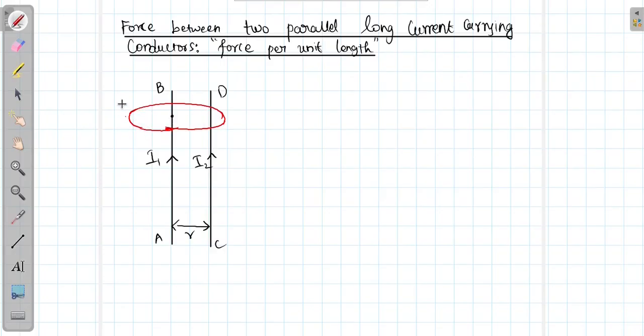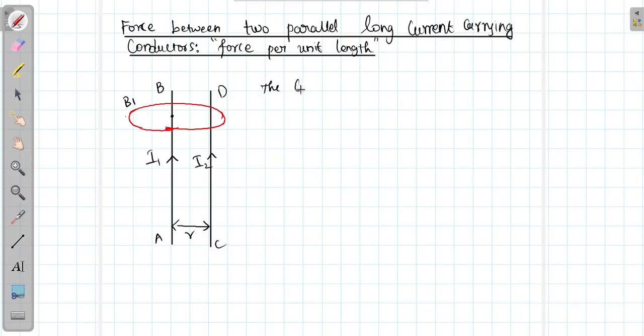Assume this magnetic field is B1. So B1 is touching the conductor CD. Therefore, the conductor CD experiences a force. That force is F1. You understand?